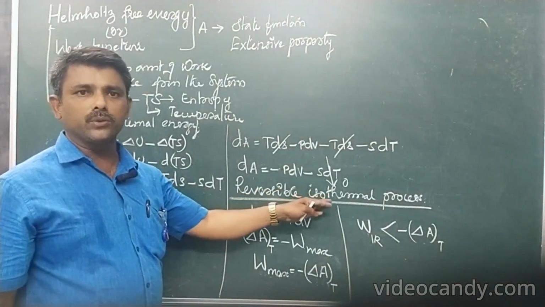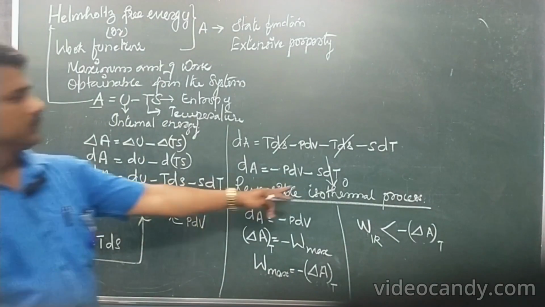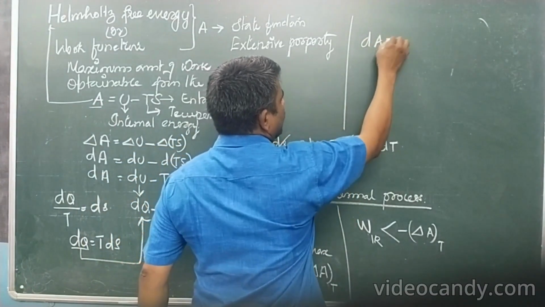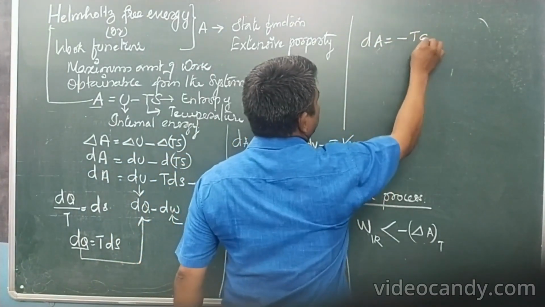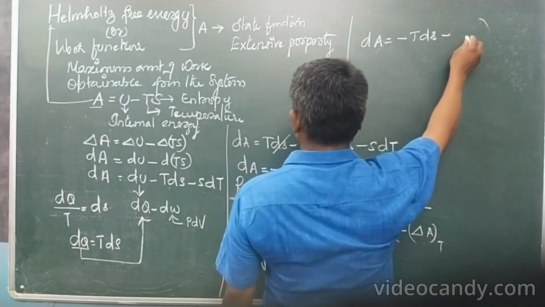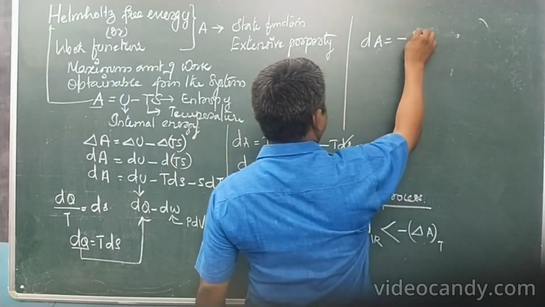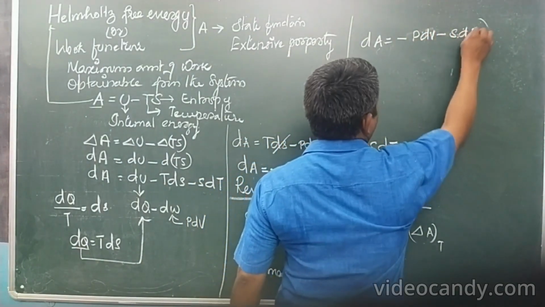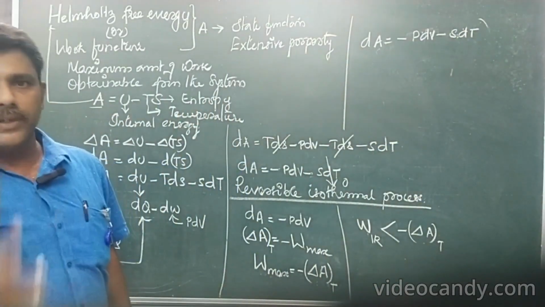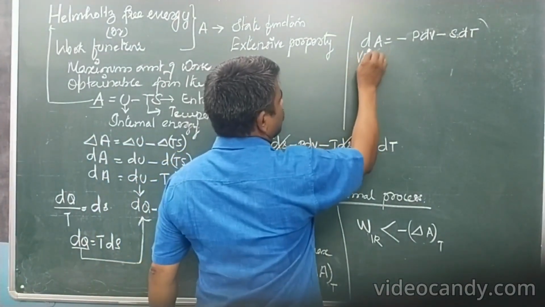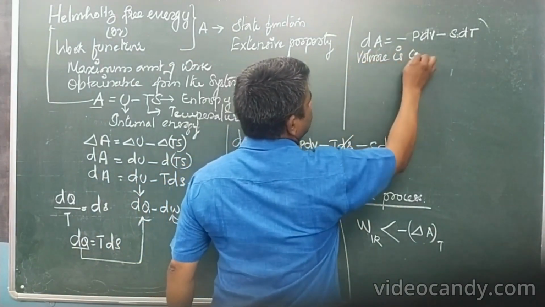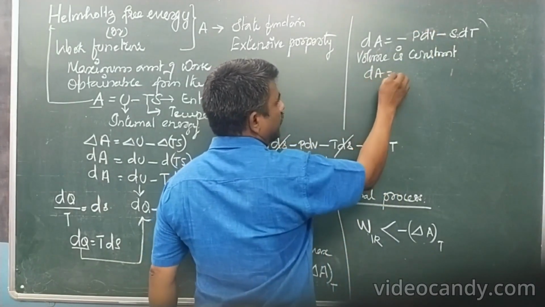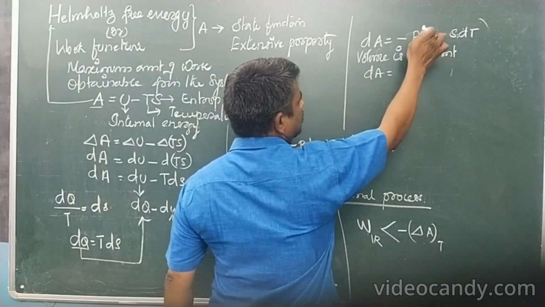Now I am going to remove the isothermal concept. Come here. What is the equation? This is the equation: decrease in Helmholtz free energy, dA is equal to minus P dV minus S dT. Now consider a process at constant volume.